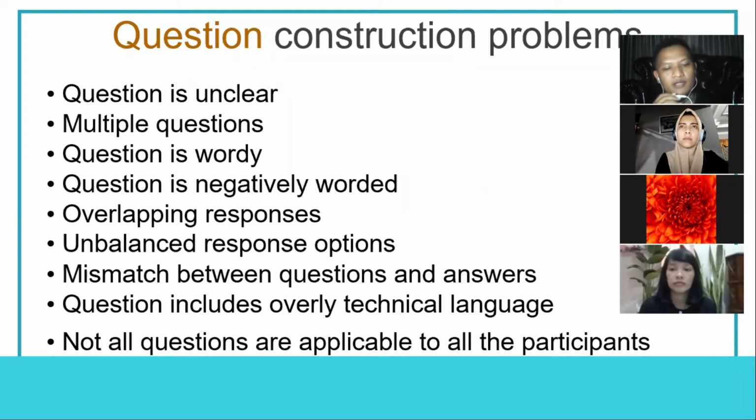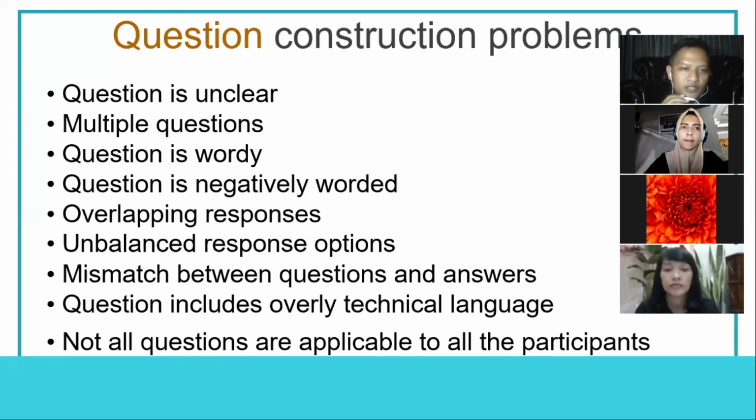Sometimes when researchers create survey questions, the question is unclear. The second is multiple questions. Here the question actually contains two or more questions, called double or triple barrel questions. To make it better, we need to reduce the multiple questions to a single question, so that questions with a similar idea are reduced into only a single idea.